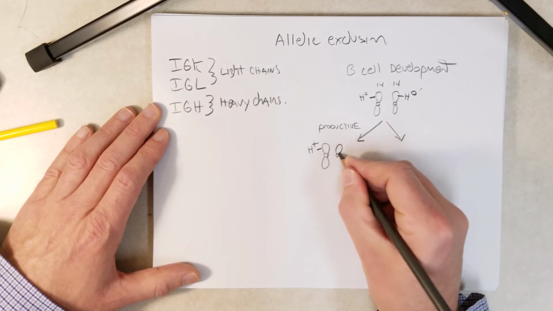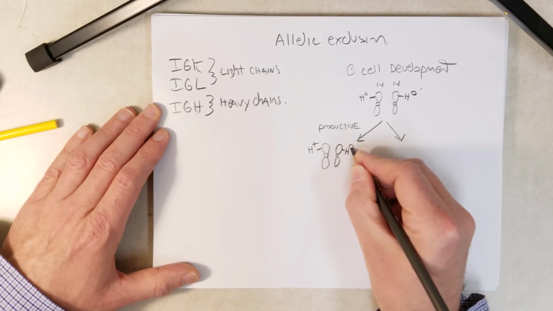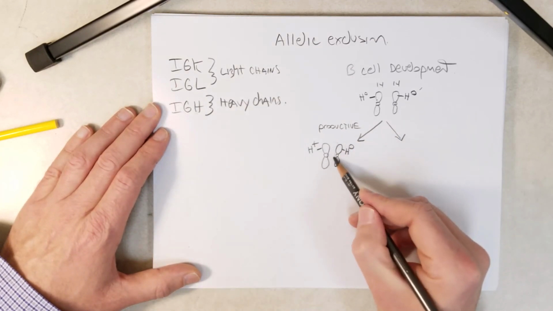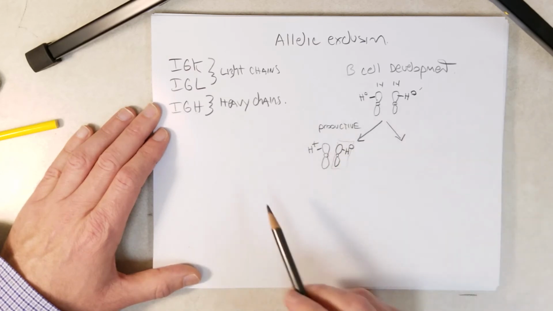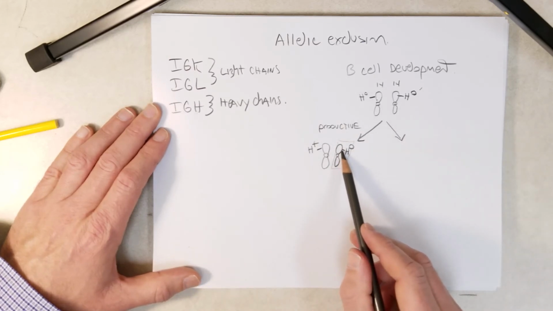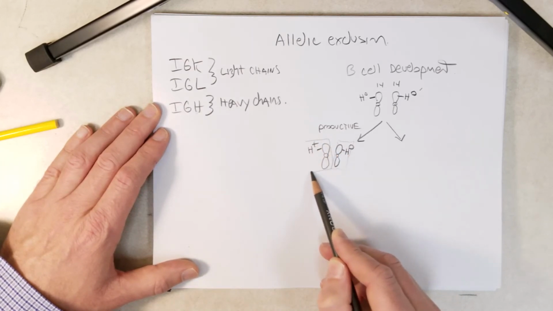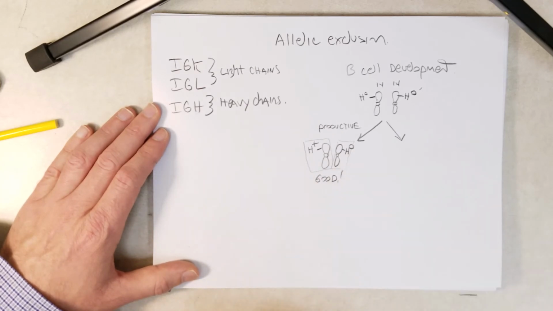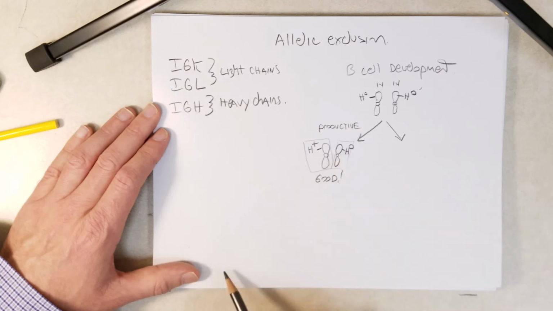This other one will stay in the germline arrangement. So this one does not make a heavy chain because it never underwent recombination, so it doesn't encode a normal messenger RNA. This one here does. Great, so the cell is done. It just stops right there, and this one always stays in the germline arrangement.